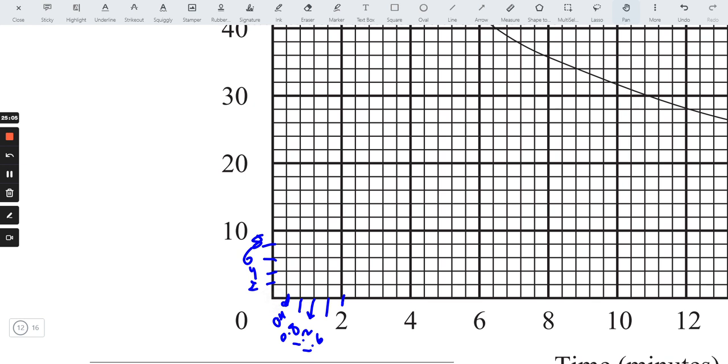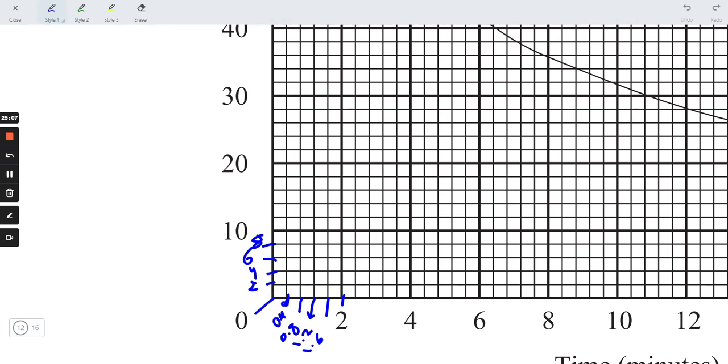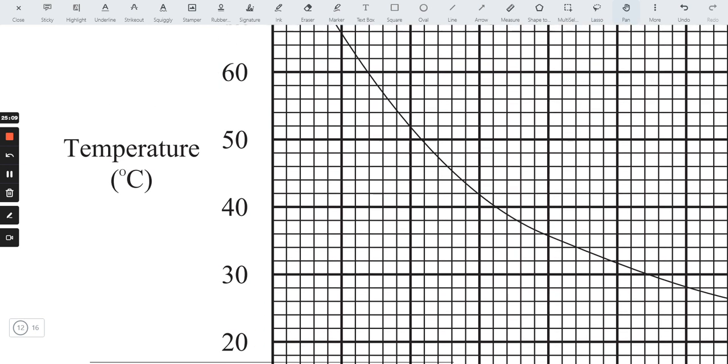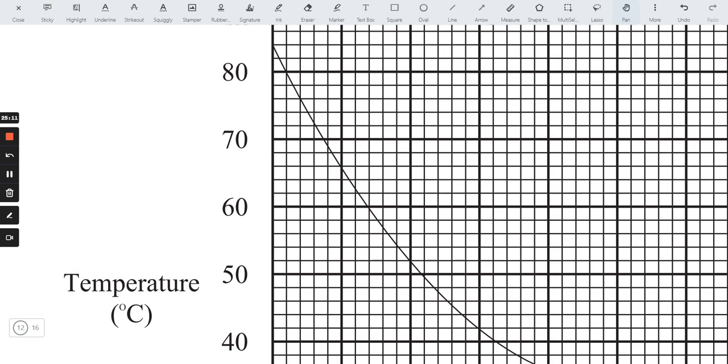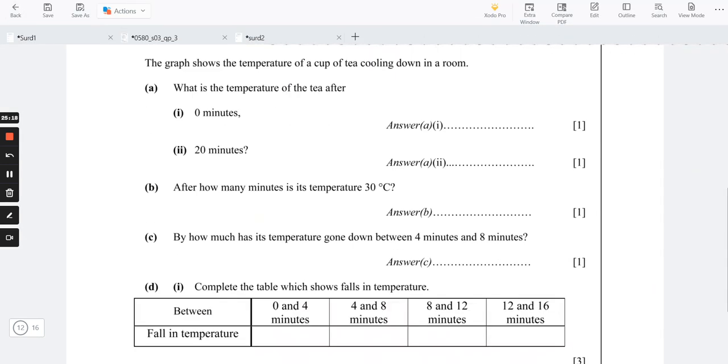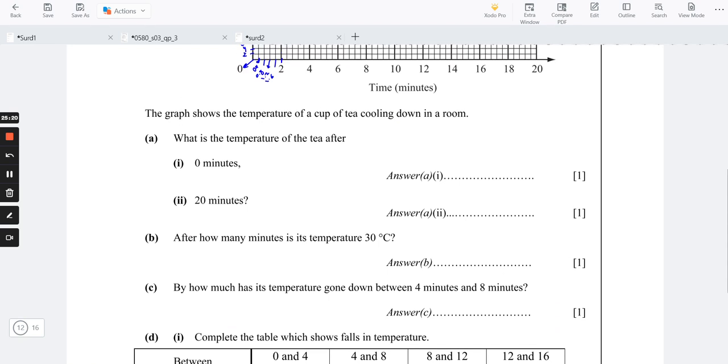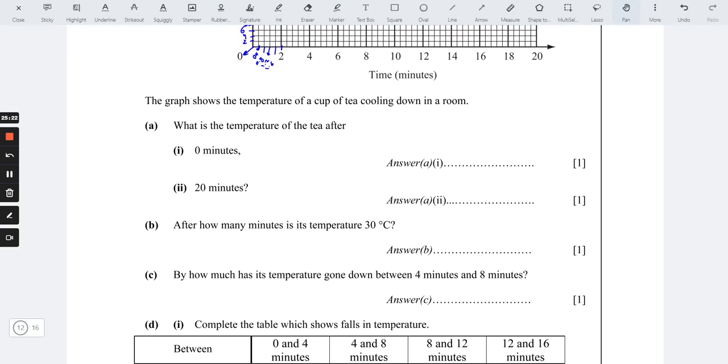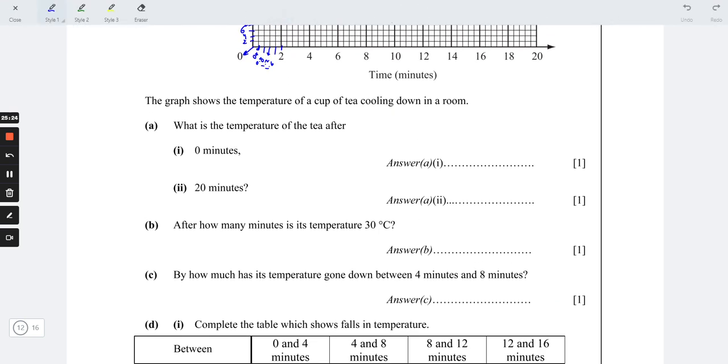From 0 going up to reach 80. After 80 we have 2 squares, that means plus 2 plus 2. So here we have 84 degrees.